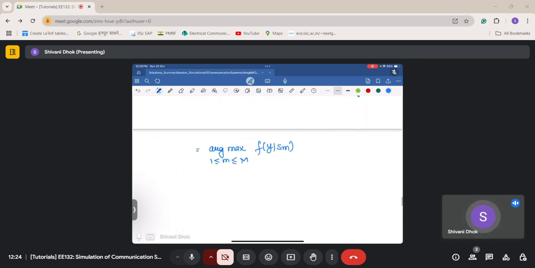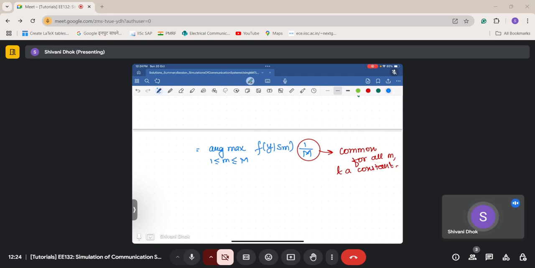Since they are equiprobable and we have an M point constellation, it is 1 by M. Again, this 1 by M is common for all, or rather a constant, so this also we can ignore.